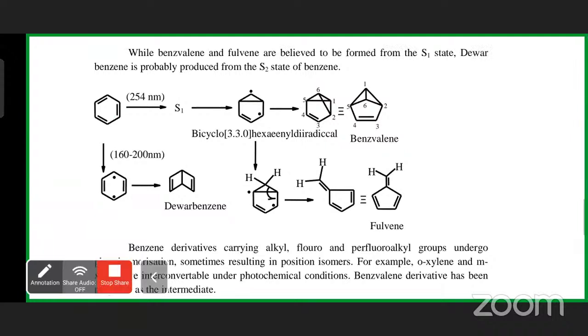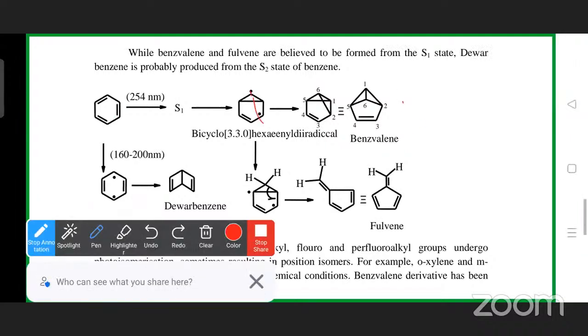By coupling of these radicals, it is going to form valvalin. Or by cleavage of this bond, it is going to form this particular olefin derivative, which is generally called fulvin here.